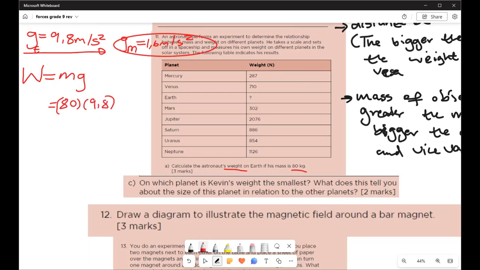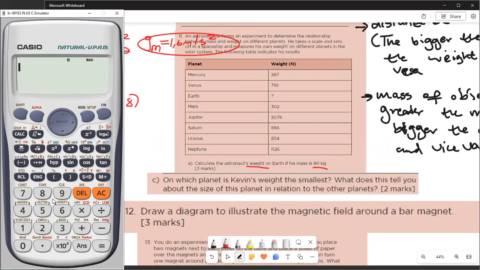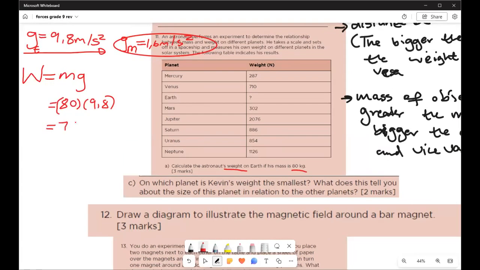Let's check how much that gives us. So we have 80 multiplied by 9.8. That gives us 784. Don't forget to say newtons because it's a force. You always give the units.